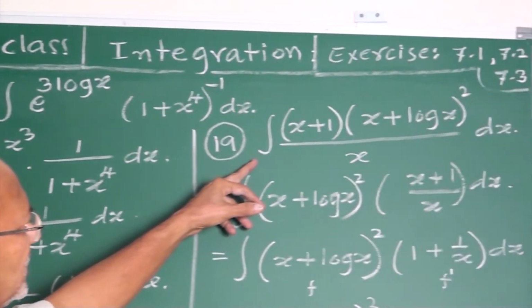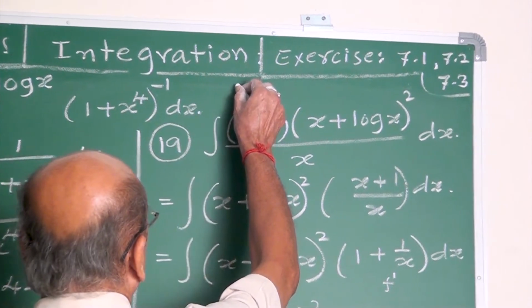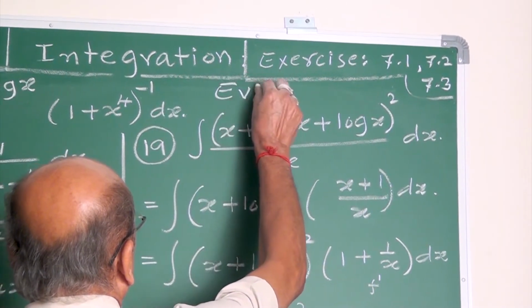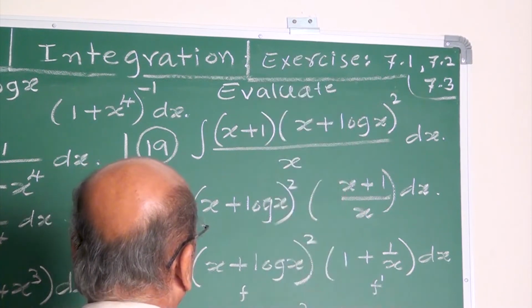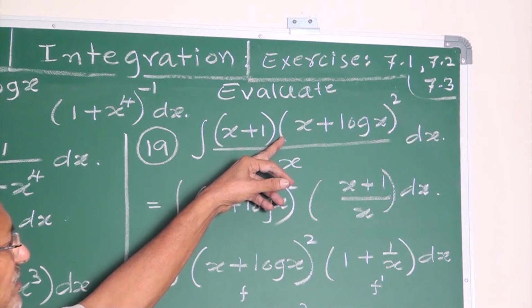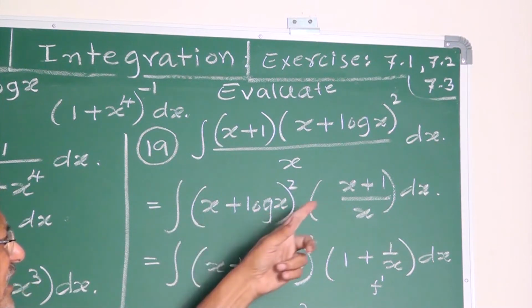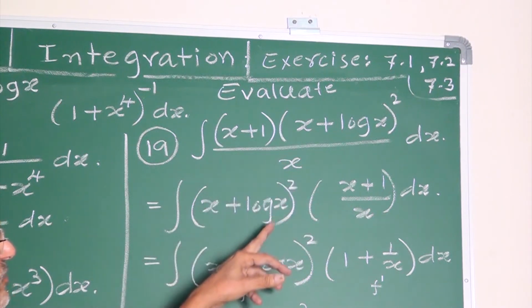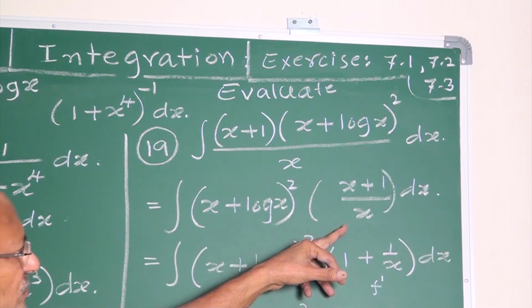This, my friend, evaluate this integral: (x plus 1) into (x plus log x) the whole square upon x. Rearrange and simplify: (x plus log x) the whole square, and this is (x plus 1) upon x.